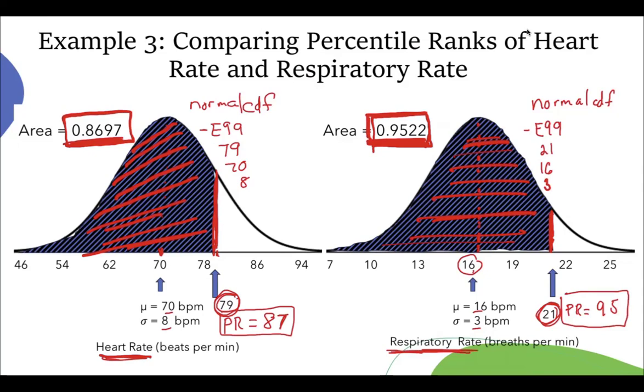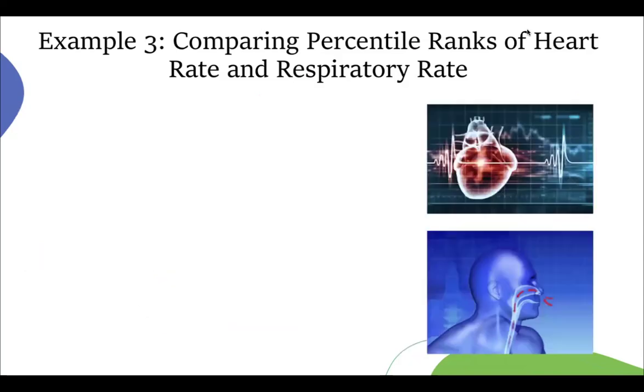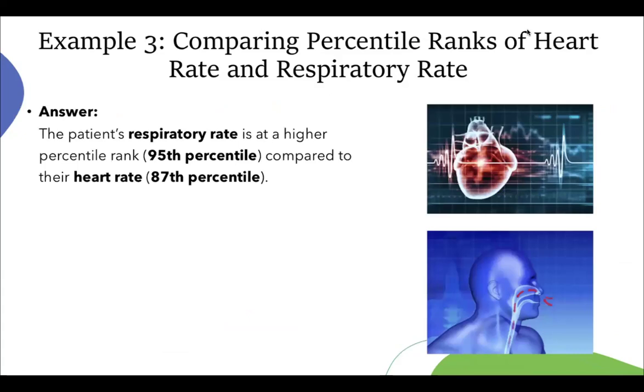And the one that is higher is the one with the higher percentile rank. That is the respiratory rate. So the patient's respiratory rate is at a higher percentile rank. It's the 95th percentile compared to the heart rate, which is at the 87th percentile.